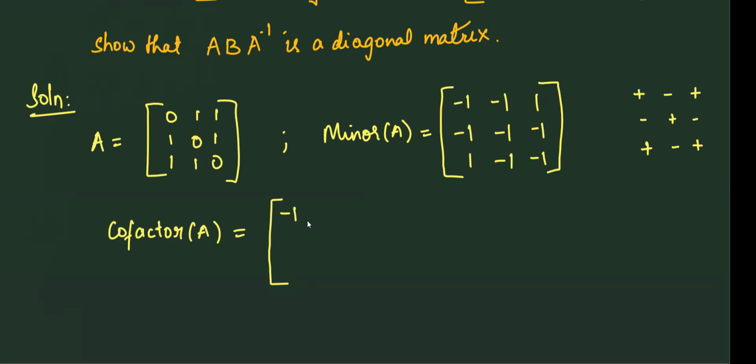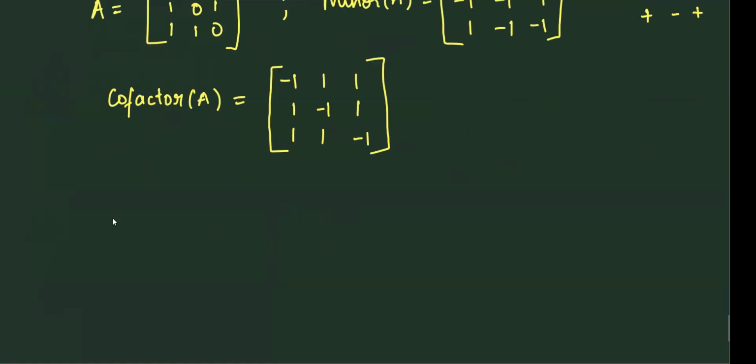So I've multiplied 1, 2, 3, 4 by negative 1. So 1, 1, 1, 1. There we go. All others remain the same.